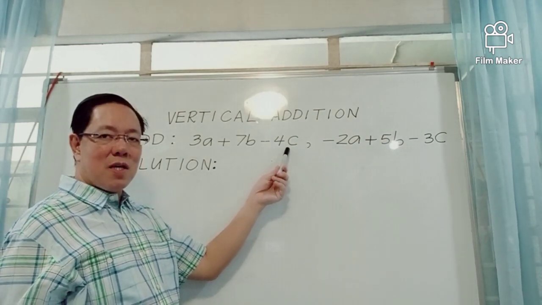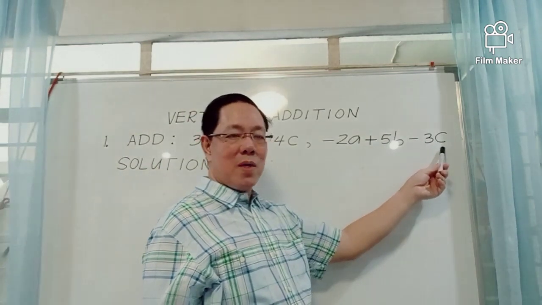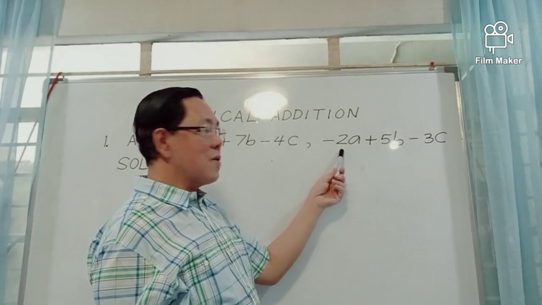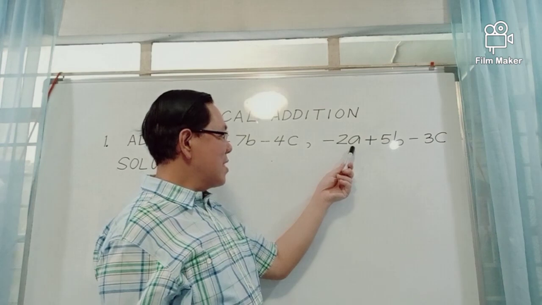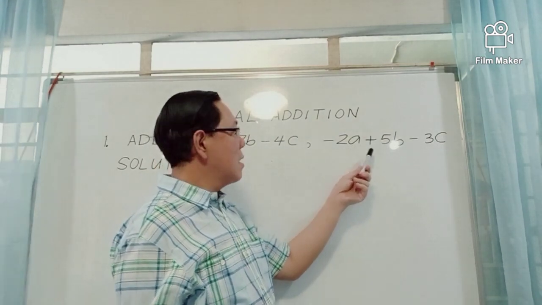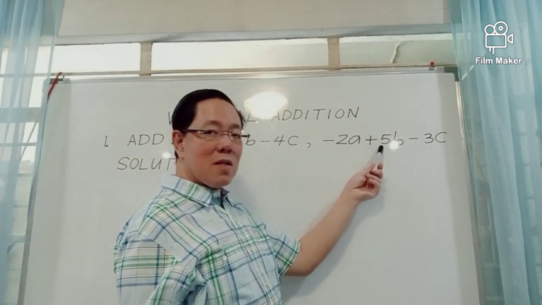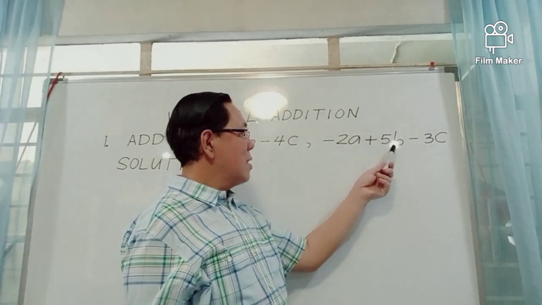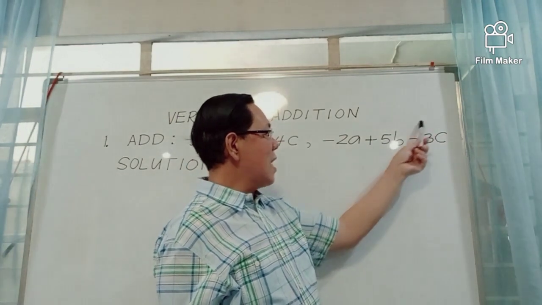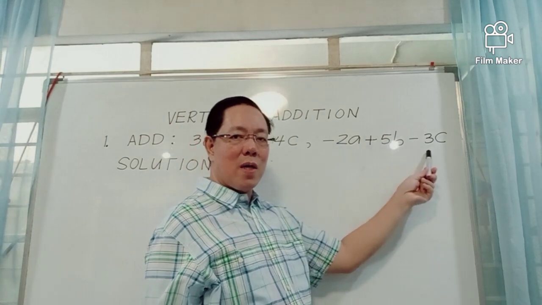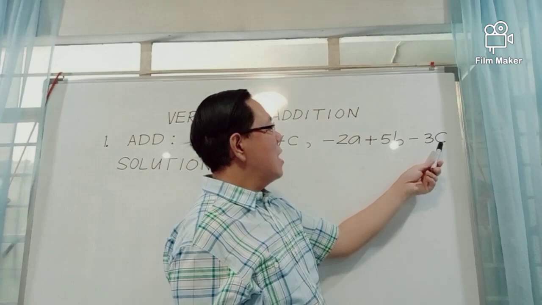The literal coefficient is C. For the second given trinomial, the numerical coefficient of the first term is negative 2. The literal coefficient is A. And for the second term, the numerical coefficient is 5. The literal coefficient is B. And for the third and last term of the second trinomial, negative 3 is the numerical coefficient and C is the literal coefficient.